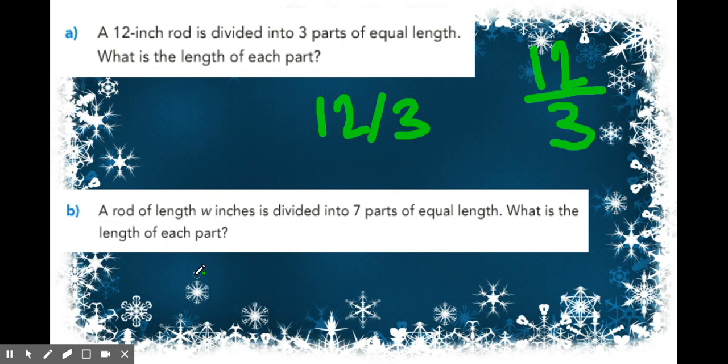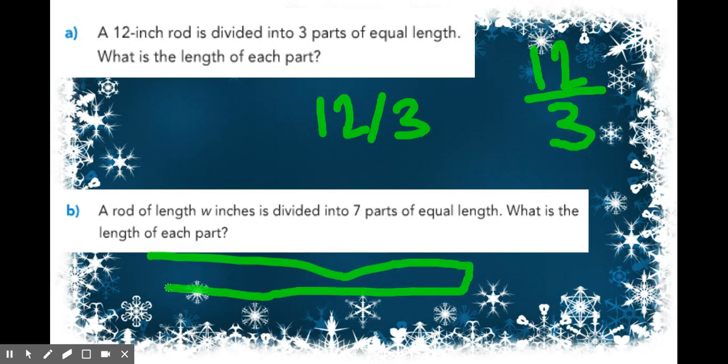Part B, a rod length of W inches is divided into 7 parts of equal length. What is the length of each part? Well, I know that the length is W inches, so an unknown value. I'm breaking it into 7 pieces. So what would that look like in an expression?